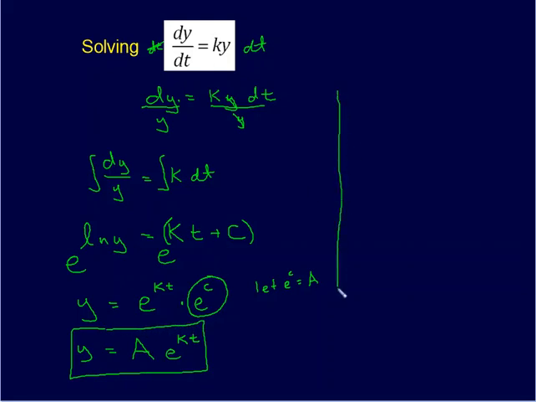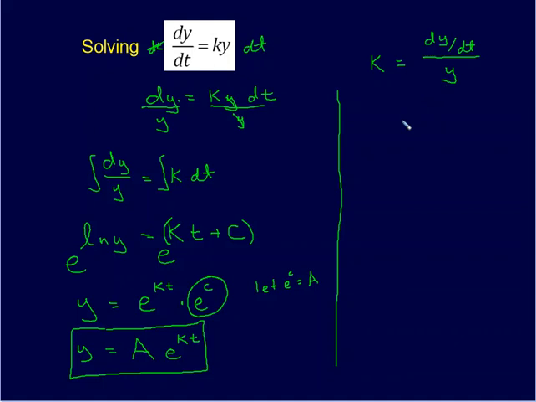Now let's make a couple of notes about the two constants there. You're going to be asked about that today in your homework a little bit. First thing is about that constant k. What do we know about it? You can trace that back a little ways and look at the differential equation that we started with. If I rearrange it a little bit differently and actually solve for k, in this context, it would be the rate of change of the quantity divided by the size of the quantity.